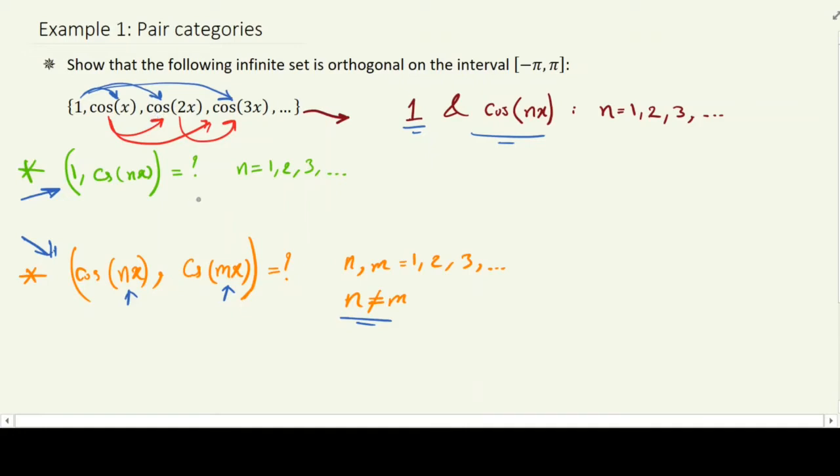So now you can see that by classifying all these functions into some proper categories, our job has become much simpler. We just need to find two inner products, basically. One is 1 and cosine nx, and the other one is going to be cosine nx and cosine mx. And if we do that, then these two inner products are going to be representing all the infinite number of inner products that you could imagine for this infinite set.